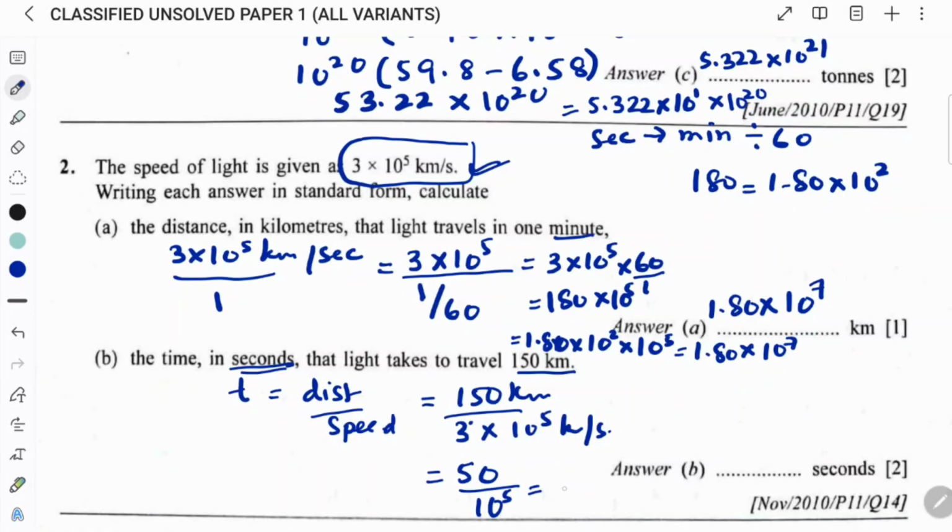It means 50 multiplied by 10 to the power minus 5. 5.0 into 10 power 1 and 10 power minus 5. I'm changing 50 because we'll have to write our answer in the standard form, in every question they are giving you at the top. So that will become 5.0 into 10 to the power minus 4 because 1 minus 5 is minus 4. Okay.